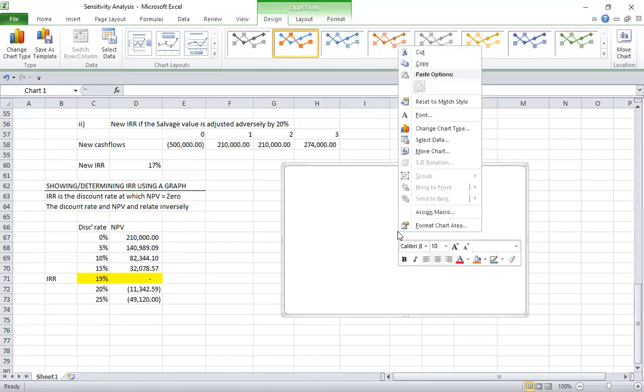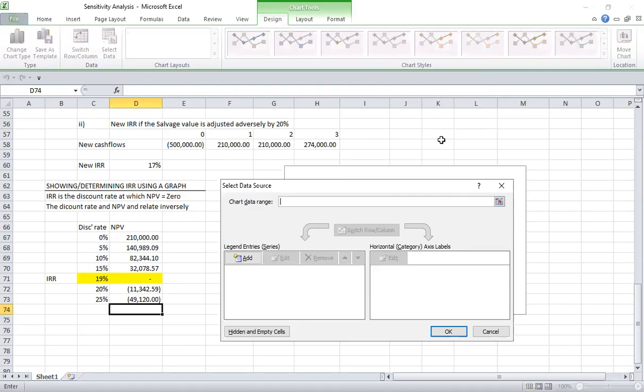You will right click. When you right click, you are given these options: the cut, the copy, reset to match the font, change chart type, select data. Now, please pick that select data. Click on select data.